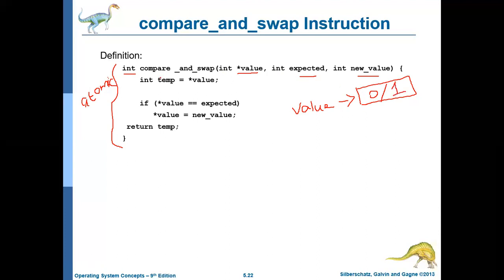What this atomic instruction does is, it sets temp equal to star value. As already stated, star represents value at address. Here star represents a declaration, where the pointer is declared.